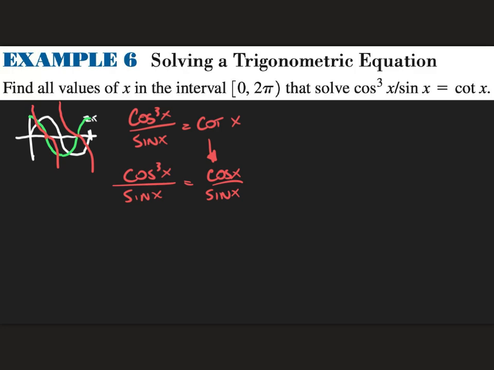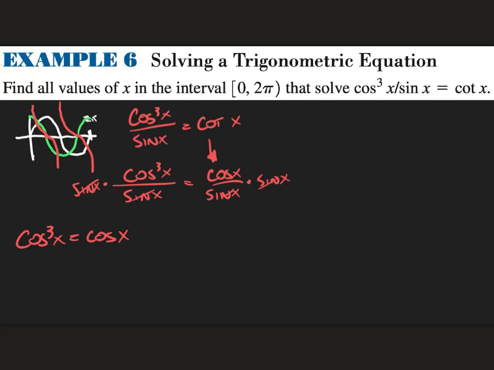Then I am going to multiply both sides by the sine because it's in the denominator, and I can do that. And that cancels out on both sides. So I'm left with the cosine cubed of x is equal to the cosine of x.